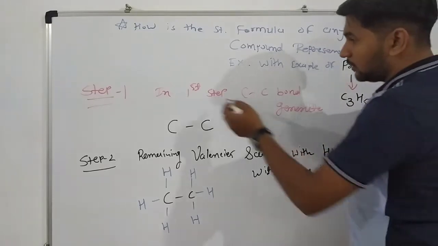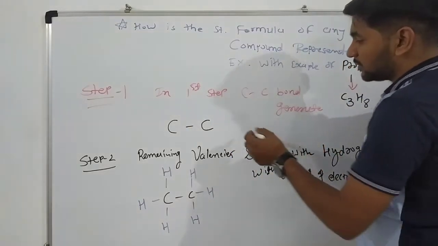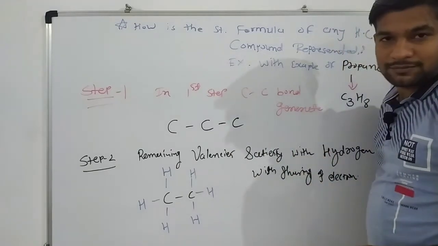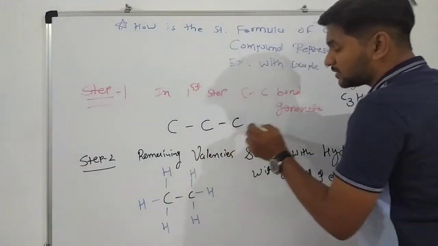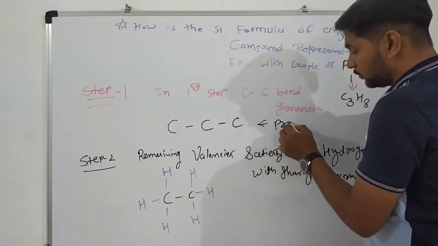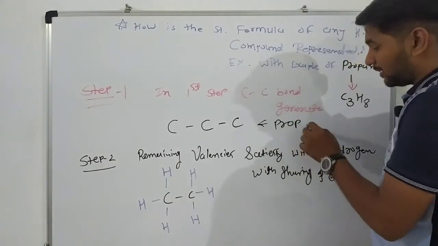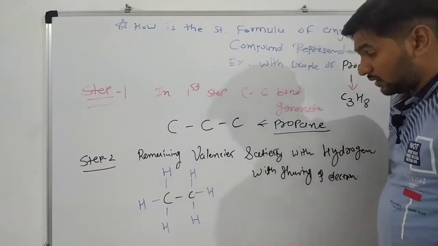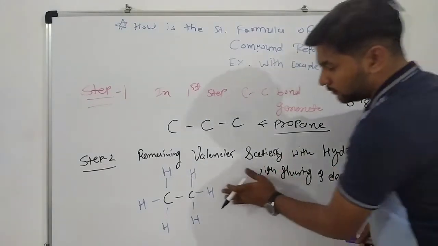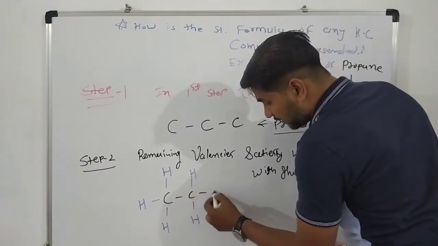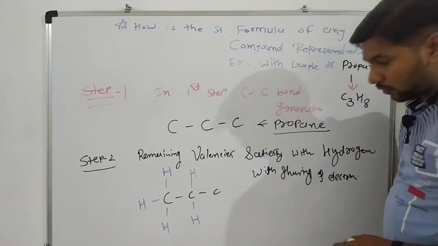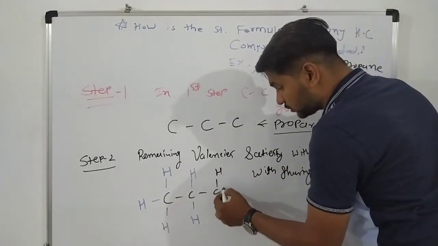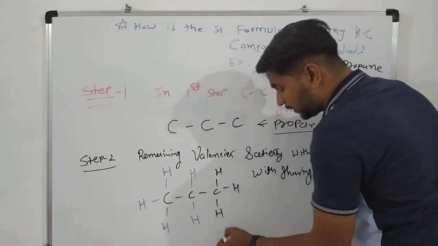In the first step, carbon-carbon single bonds. There are three carbons, which means propane, and all are single bonded, so it is ane. The remaining valencies are satisfied with hydrogen. So here we have one more carbon, and all carbons are satisfied with hydrogen, so it is propane.